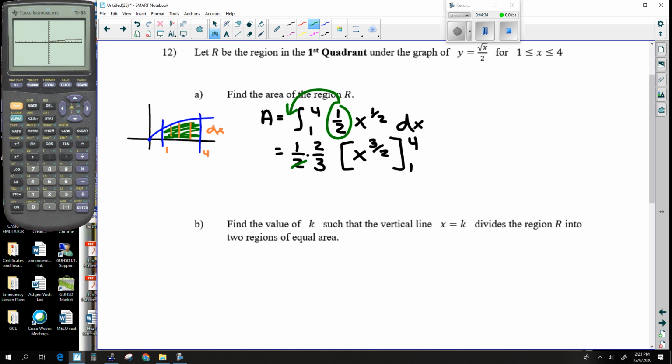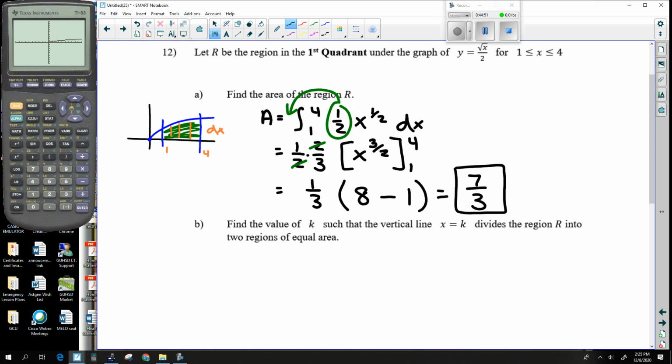Here the 2 is eliminated, so this is an outside 1/3. The square root of 4 is 2, 2 to the third is 8, minus the square root of 1 is 1, 1 to the third is 1. All right, so that's the area. Oh, I see what they're trying to get at.